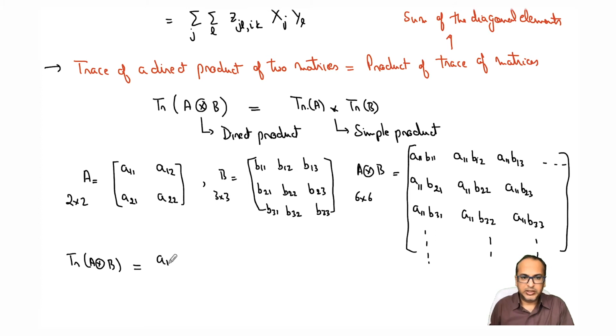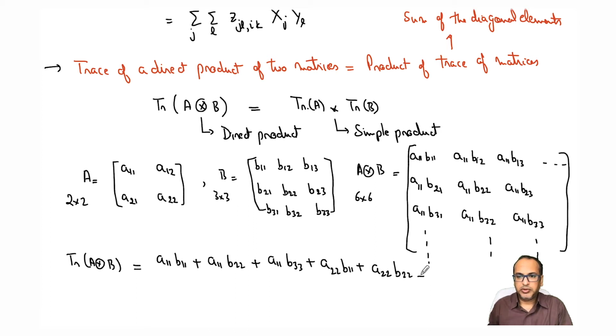So that means this is A11 B11 plus A11 B22 plus A11 B33, and in the right hand corner, the A22 block multiplied by all of this, so we will get A22 B11, A22 B22, plus A22 B33. This will be the trace, because these will be the 6 elements along the diagonal, right?